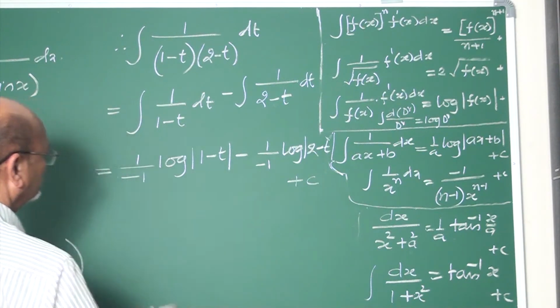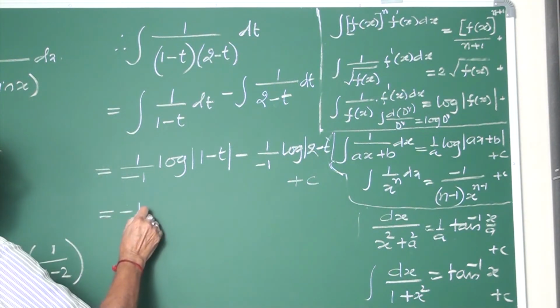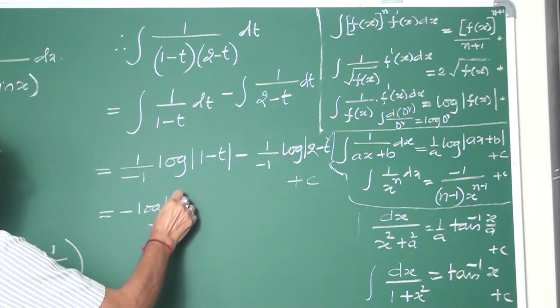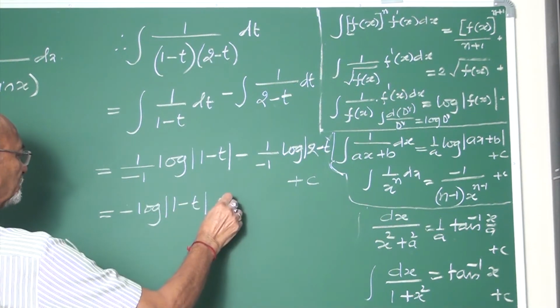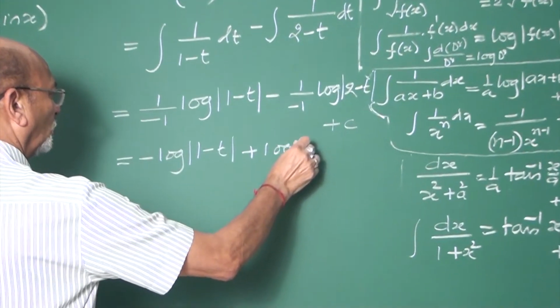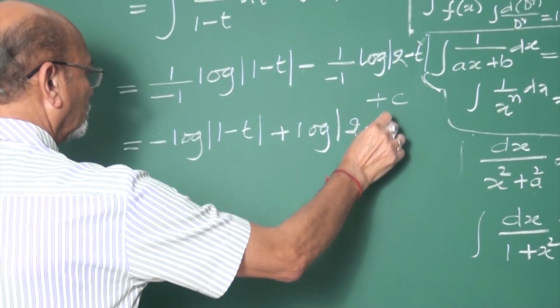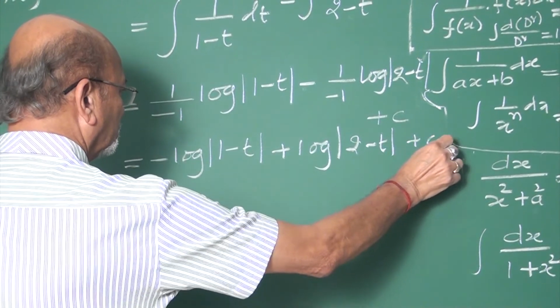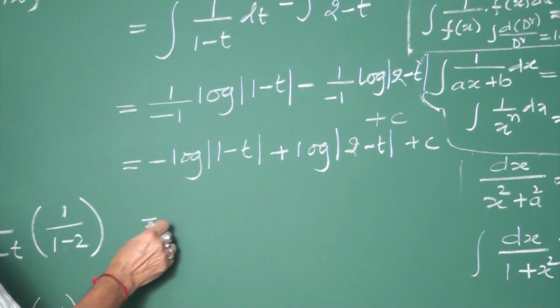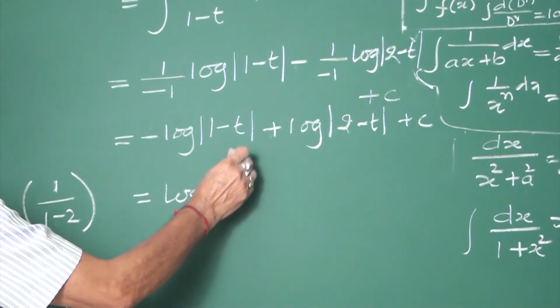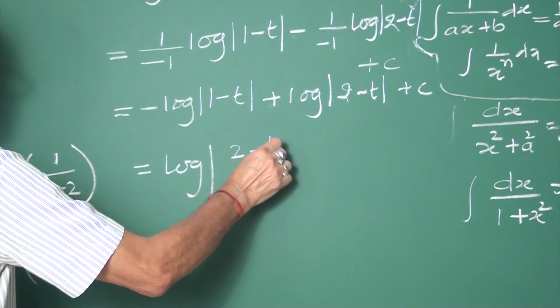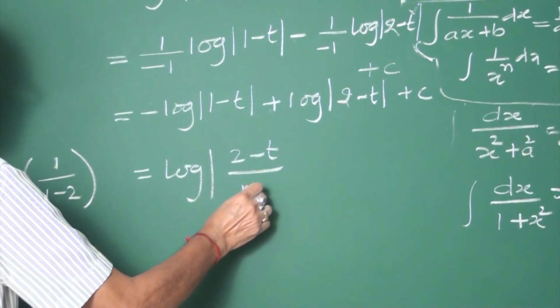Simplified, this is minus log mod (1 minus t). Minus with minus is plus log (2 minus t) plus c. By the property of logarithm, the plus factor is above and the minus factor is down.